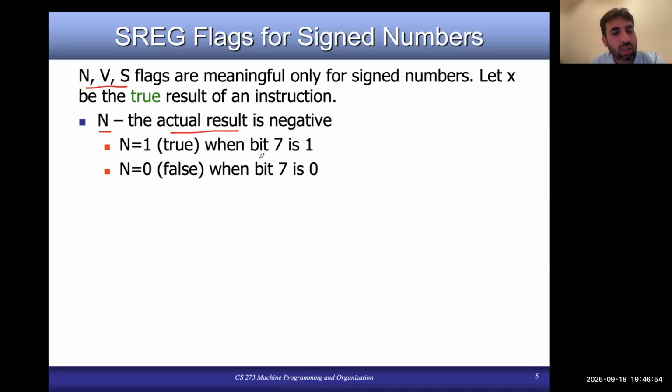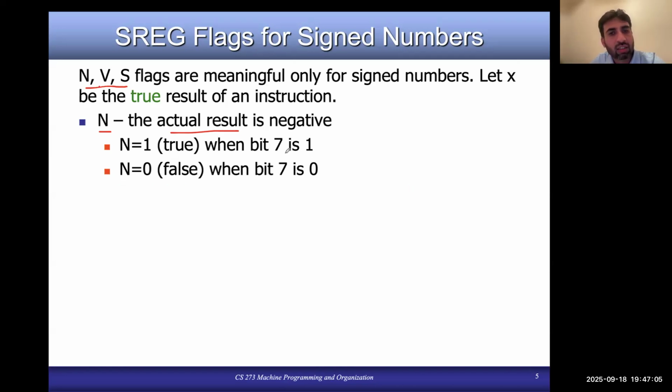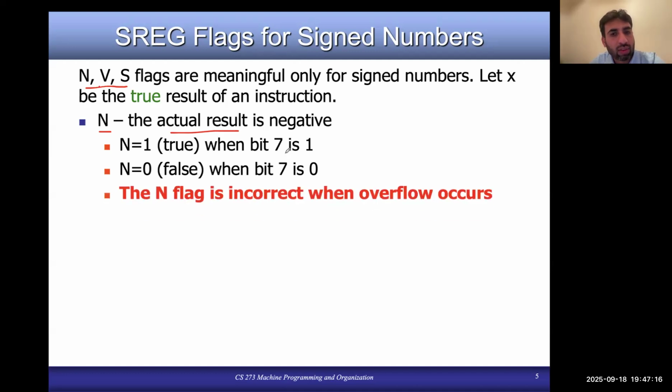If it is 1, N will be 1. So the N flag tells us whether the result in the register is positive or negative, right? If it is 1, the result is negative, and if it is 0, the result is positive. However, the value of the N flag does not represent the correct status when an overflow happens.